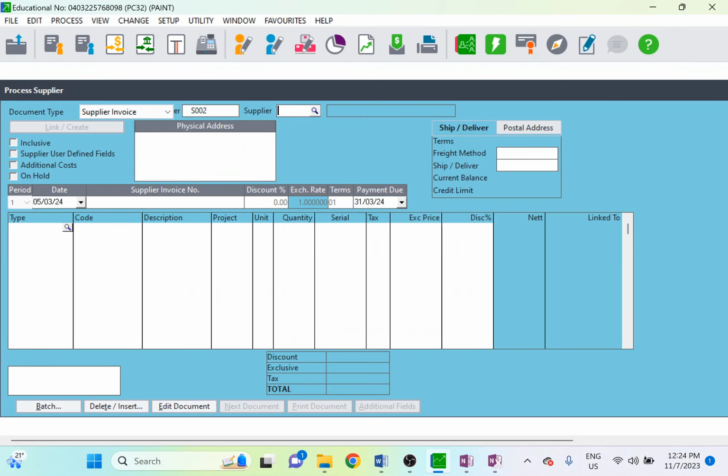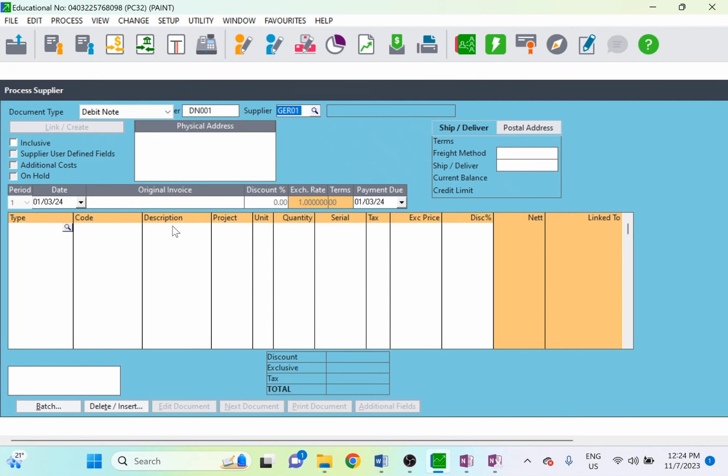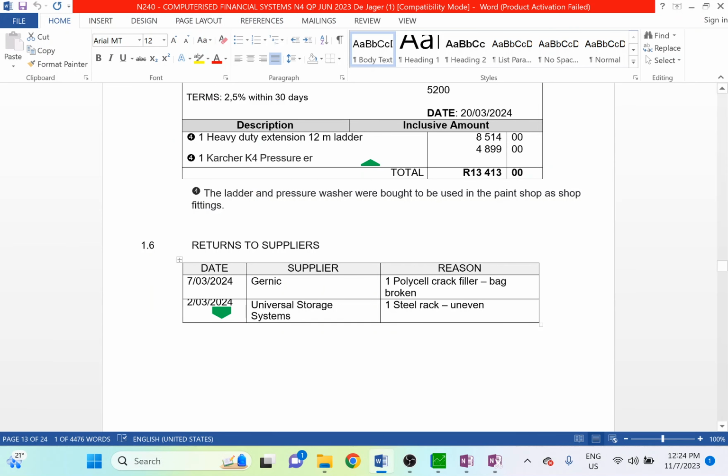Then you're going to change your document type to debit note. The number has to be DN001. Supplier is Genic Products, and then period is period 1. And the date, the return is on the 7th.